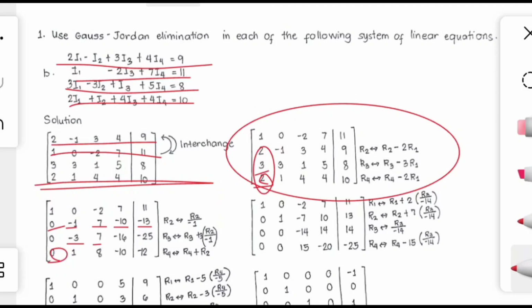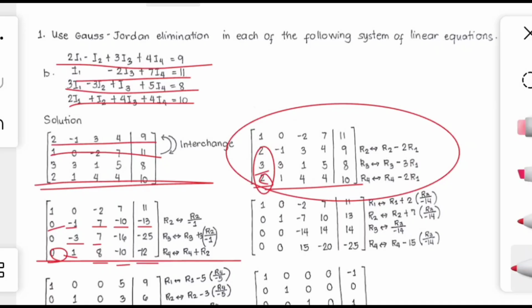And then it follows for this row, so the 1 before the 4 and the 10, we just have to subtract row 4 and 2 multiplied by row 1. So we got the answer, which is 1, the 8, the -10, and the -12. So here we now create another matrix.